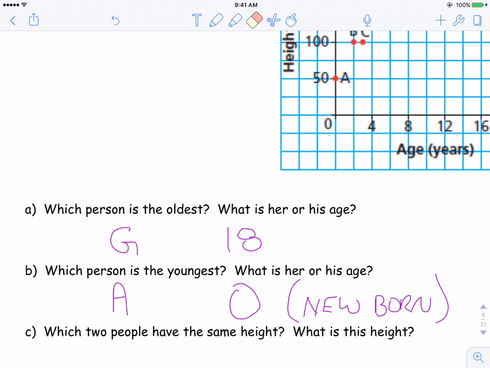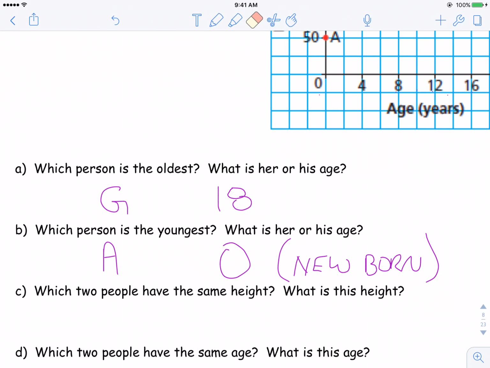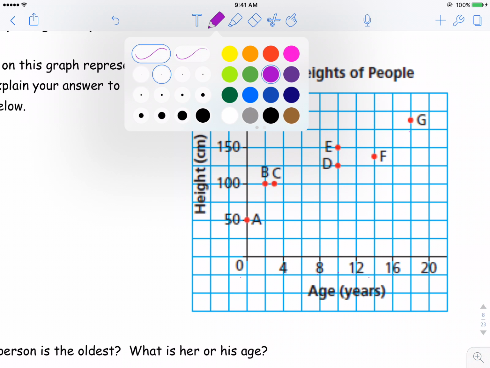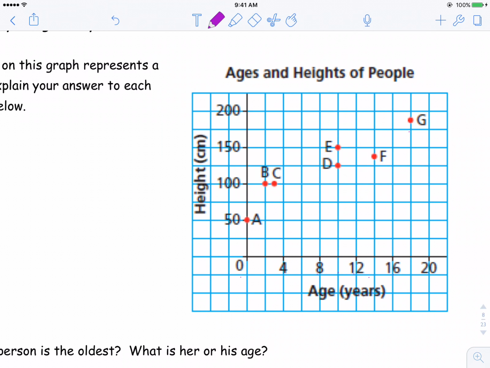Question C. Which two people have the same height? So again, you look at the other axis, this time height, and we're looking for two that have the same height. So here's 50, nobody else. Here is 100. Oh, B and C are both the same height.